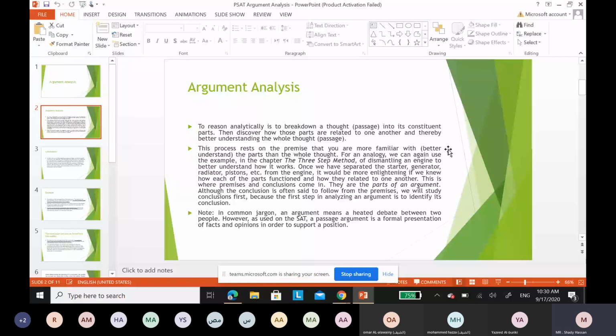For an analogy, we can again use the example in the chapter, the three-step method of dismantling an engine for better understanding of how it works. Once we have separated the starter, the generator, the radiator, the pistons, etc. from the engine, it would be more enlightening if we knew how each of the parts functions and how they relate to one another.